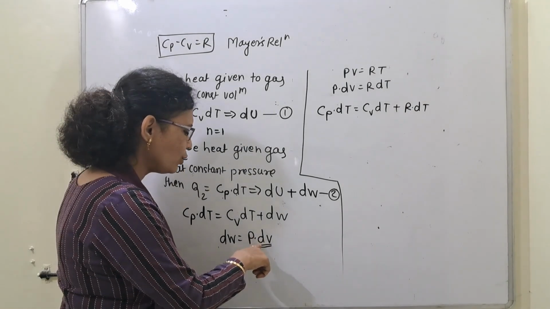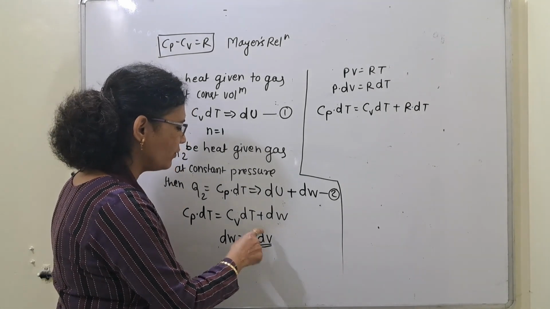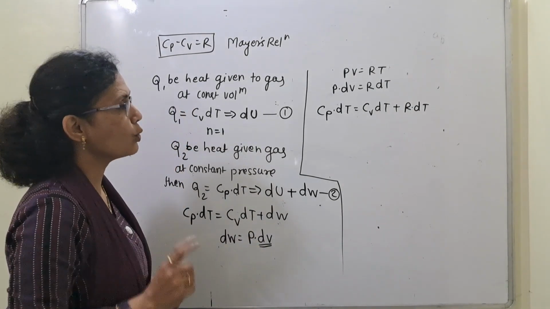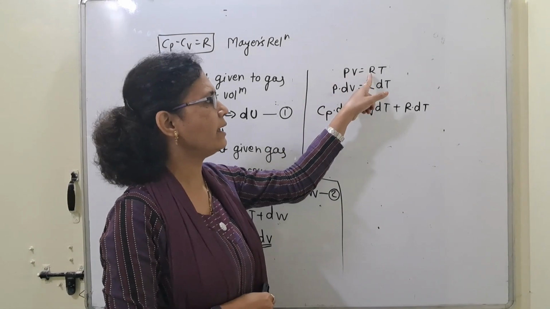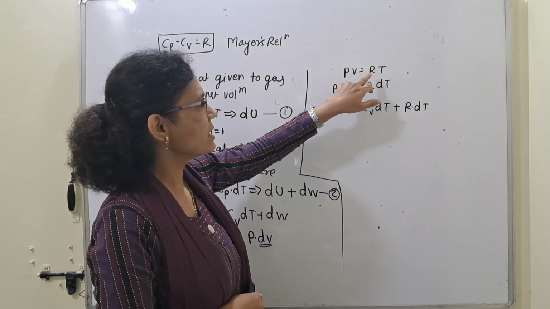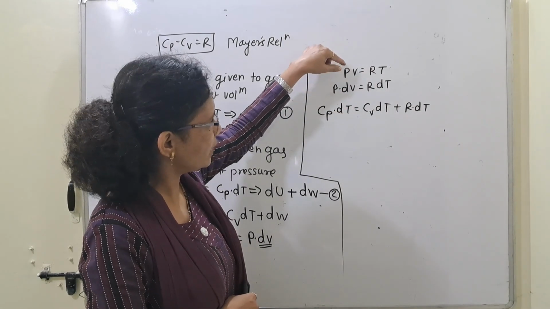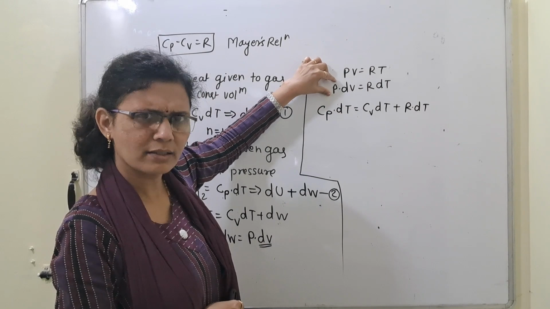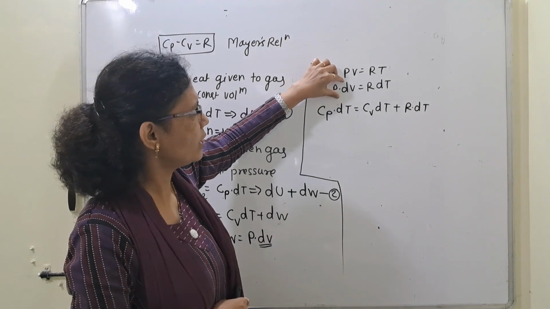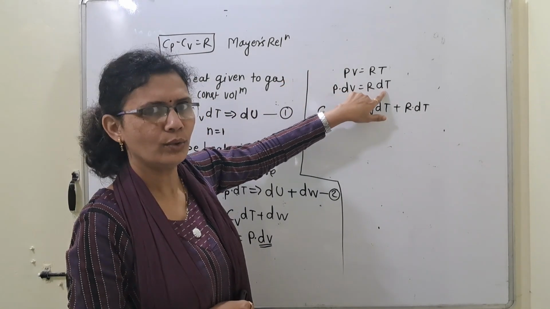But I want to put this value of dV in terms of dt, so I have considered the ideal gas equation, PV is equal to RT. Therefore, we can write P into dV. See, this P is constant. Therefore, P into dV is equal to R into dt.